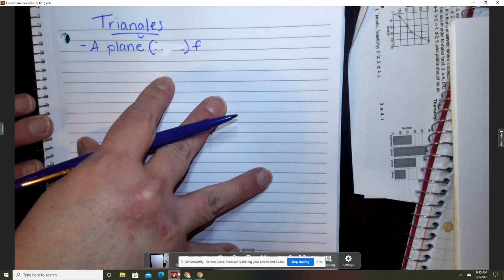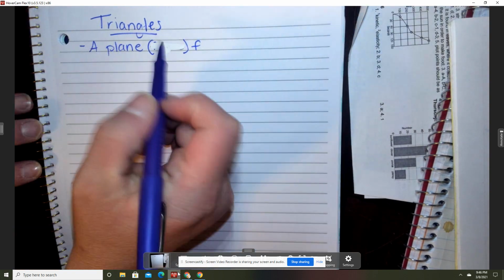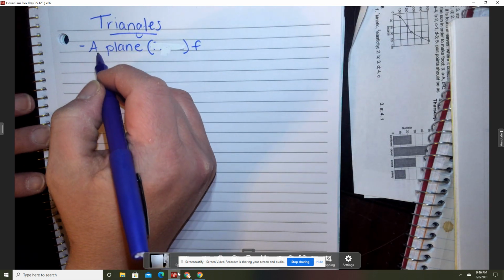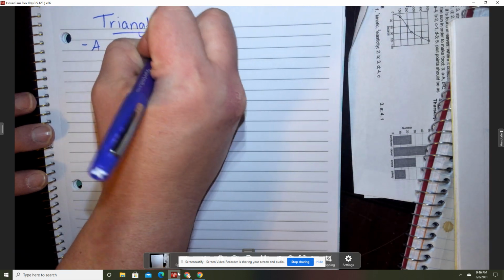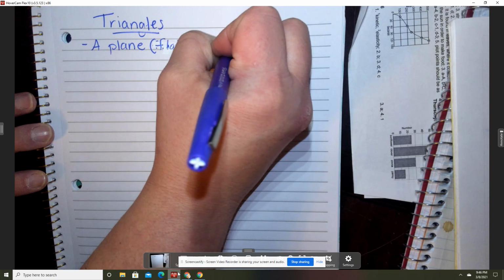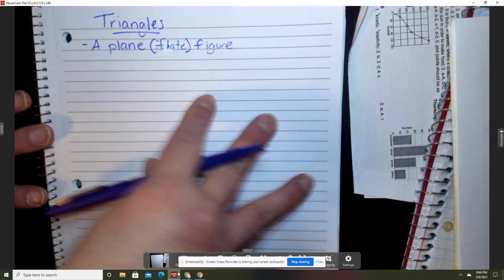So there are a few things that we need to know about triangles. Make sure that you have a piece of paper and that you are going to write these down with me. Alright, so triangles. The first thing we need to know is that a triangle is a plane, and that means flat figure. So that just means that it's flat, it is two-dimensional.